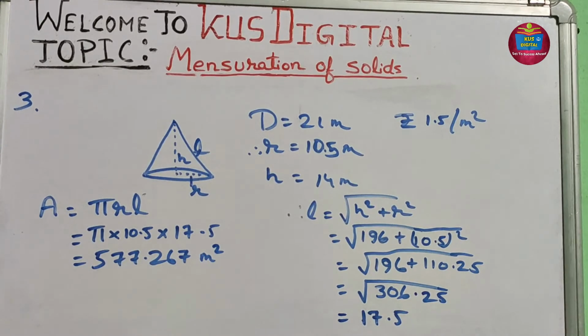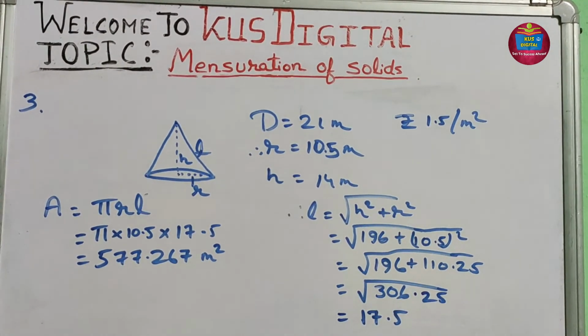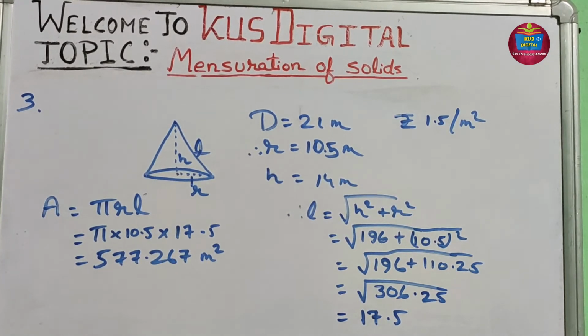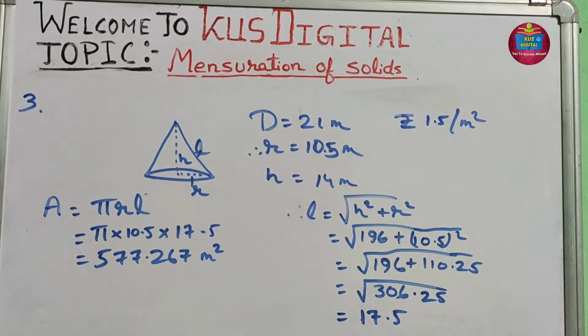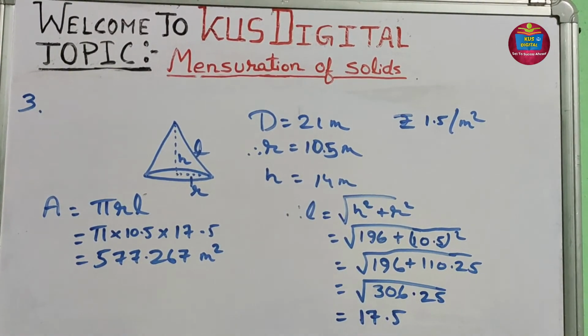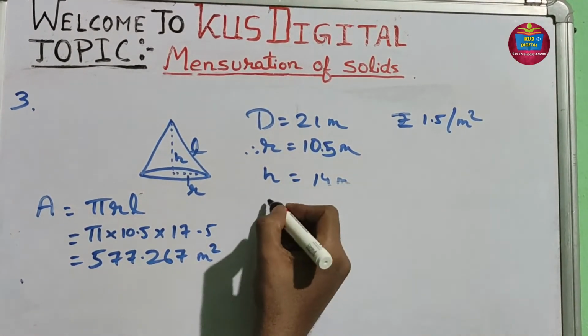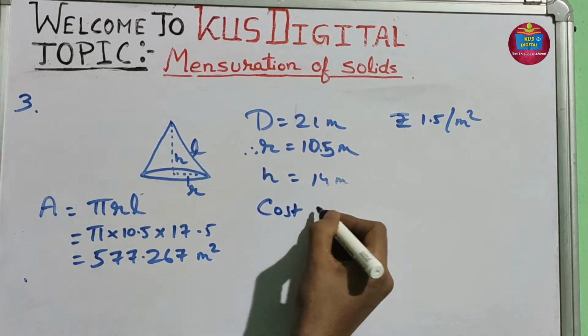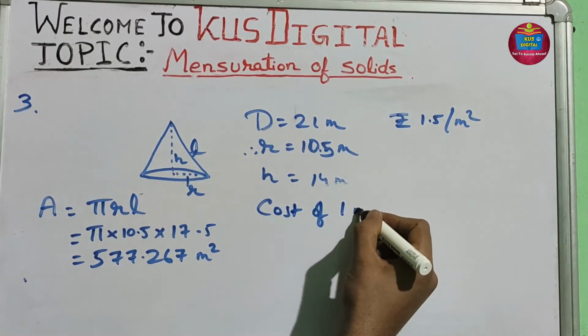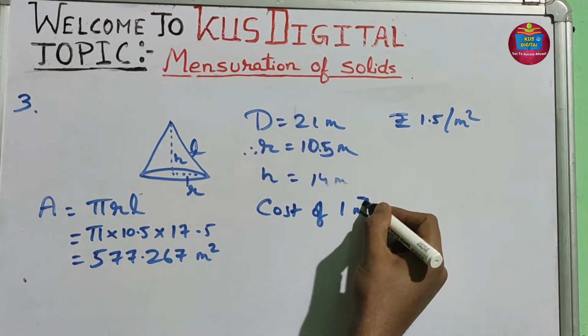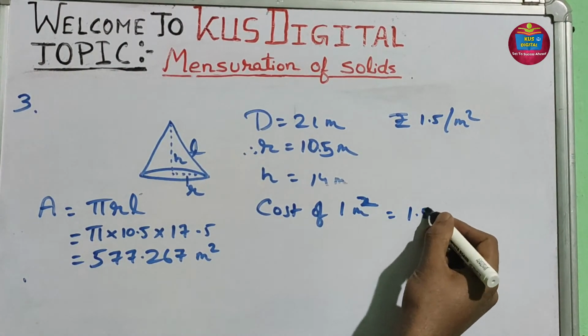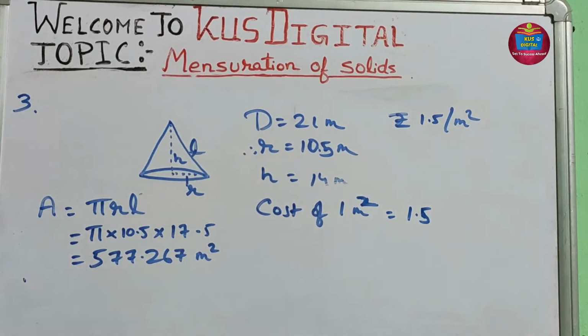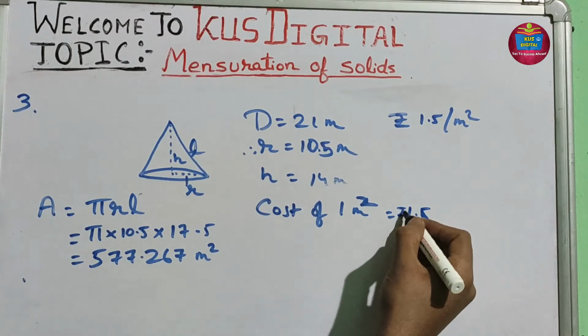Okay, now we have found out the surface area. So if the cost of per meter square of cloth is rupees 1.5, so cost of 1 meter square equals to rupees 1.5.